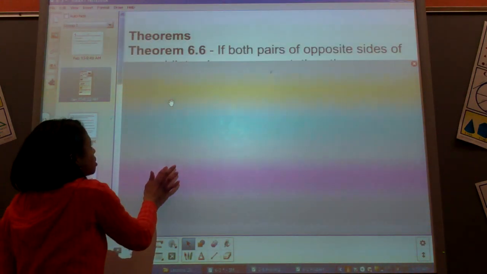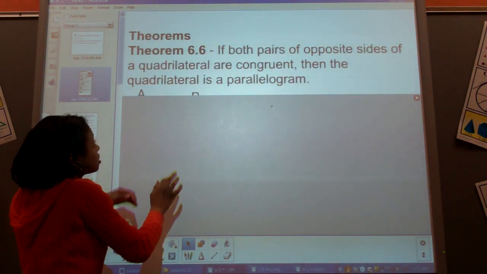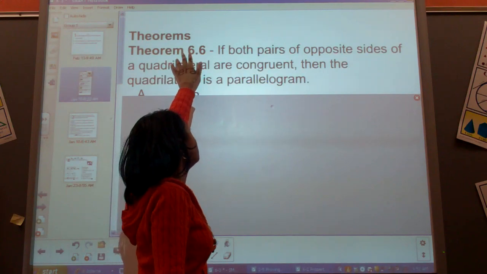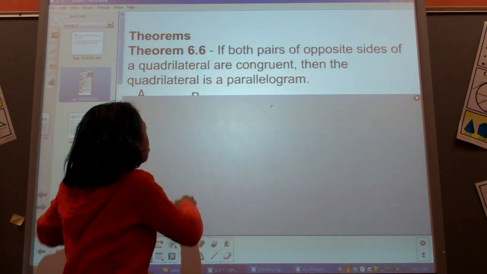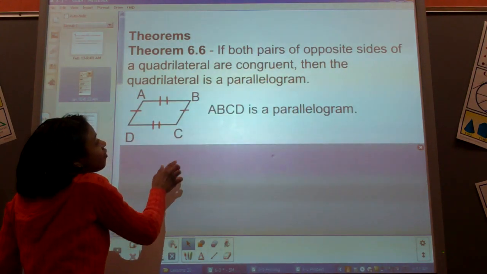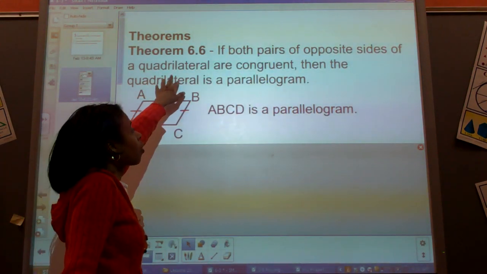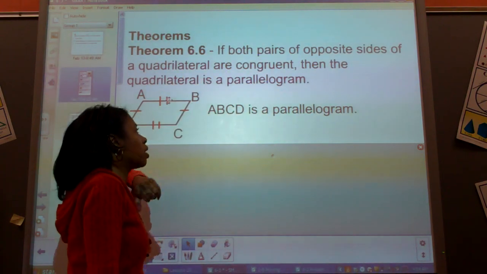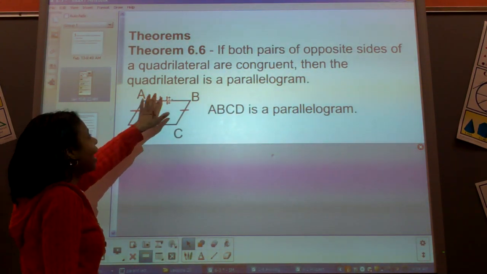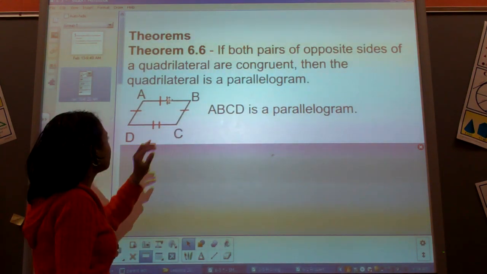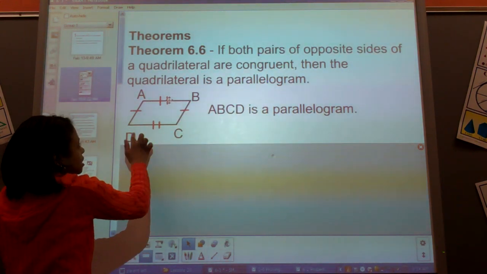All right, let's get started with some theorems. This is Theorem 6.6. Remember, in this particular one we have a number instead of a whole name. It says if both pairs of opposite sides of a quadrilateral are congruent, then that quadrilateral is a parallelogram. In this case, I see that segment AB is congruent to CD.